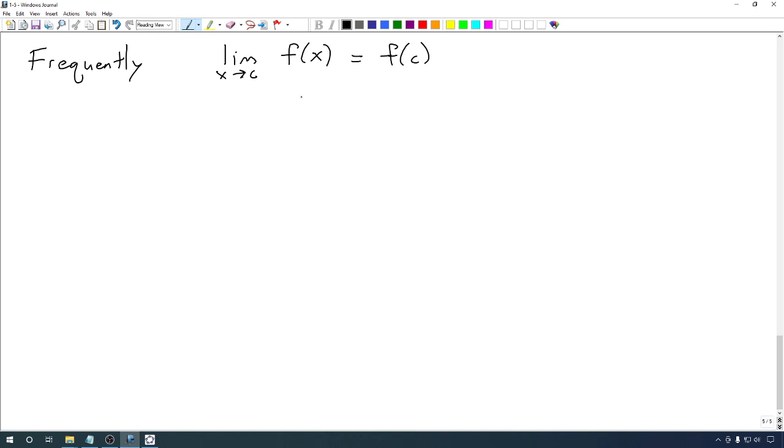If I can plug in that c, that is a very good possibility for what the answer should be. We'll give more details about when that is true and when that's not in the next section. But this is definitely true for most of our basic functions.